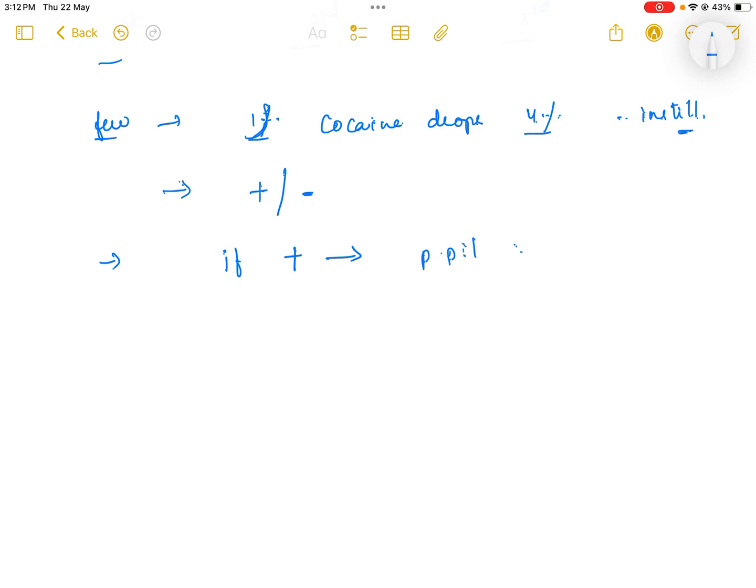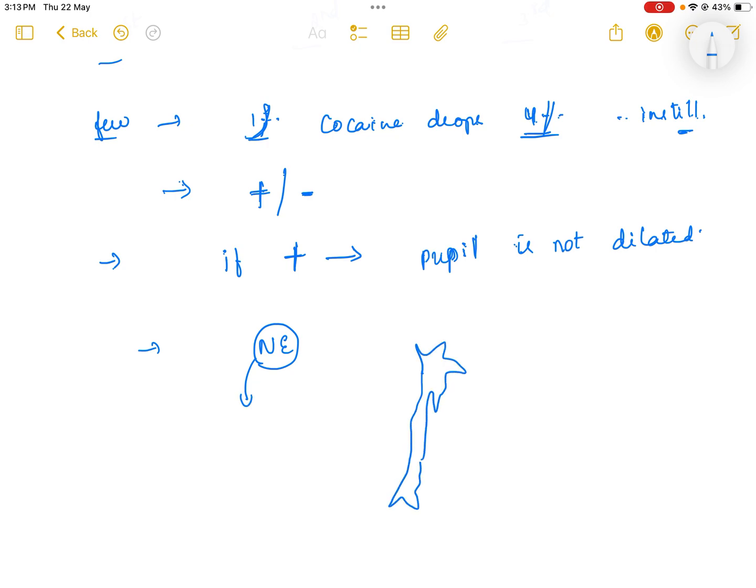So if cocaine 4% drops are instilled, then we can see if there is Horner syndrome present or not. If there is Horner syndrome, pupil is not dilated. The mechanism of action here is cocaine blocks the reuptake of norepinephrine into the nerve. For example, this is a third order neuron, axon, dendrite.